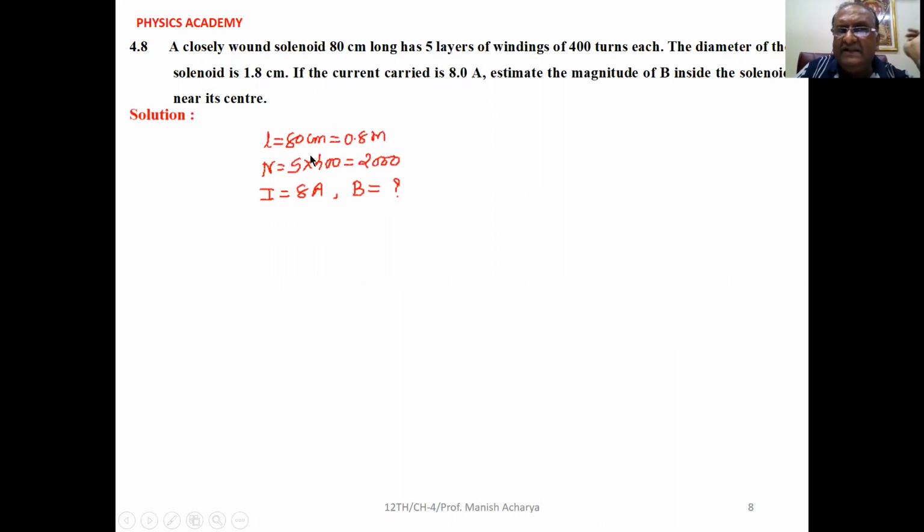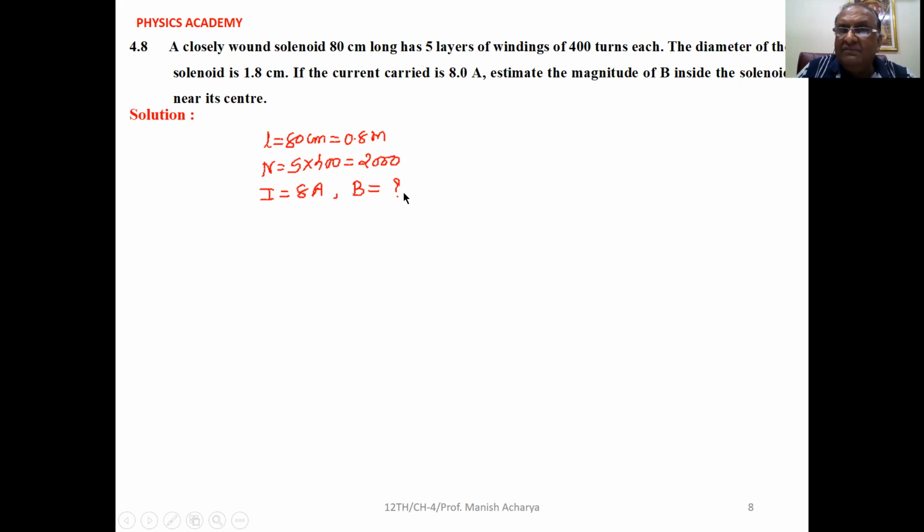Now length L is 80 centimeters, so 0.8 meter. Total number of turns: there are 5 layers and in each layer 400 turns, so total number of turns is 2000. Current is 8 ampere.